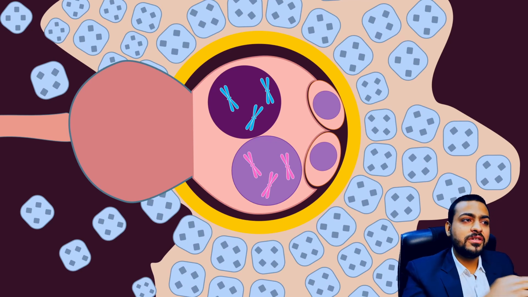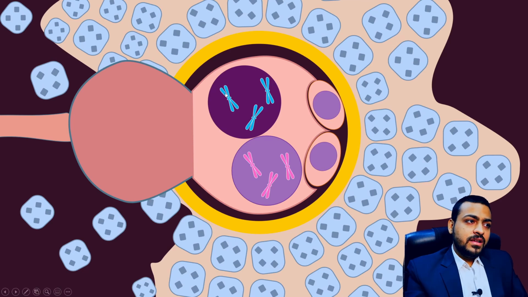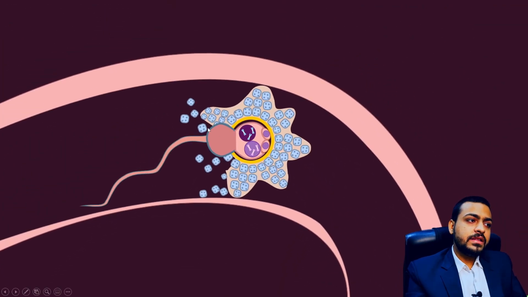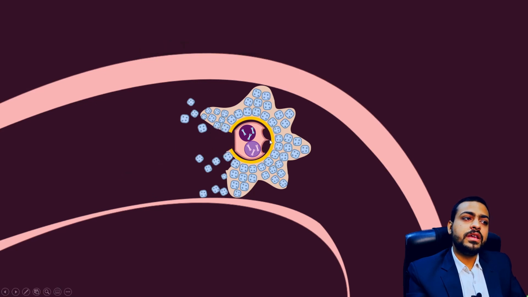So the number of chromosomes has become normal. What else will happen? The membrane, the outer coat of the sperm, will be dissolved, and the polar bodies will also be destroyed. And now we have this cell called the zygote.